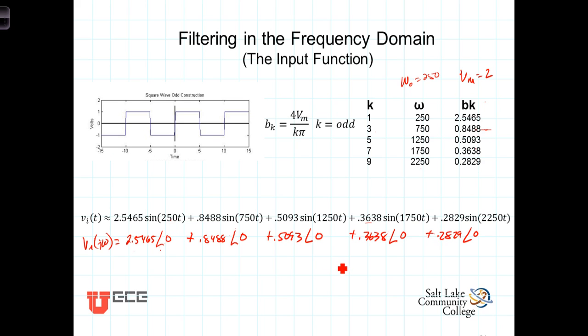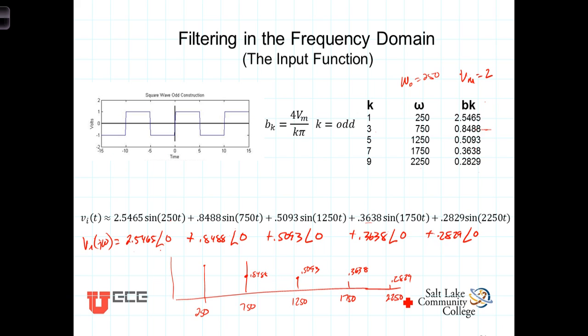This then represents the frequency spectrum of the input, and it consists of one value at omega equals 250 with an amplitude of 2.5465, another one at omega equals 750 with an amplitude, I drew that too big, down here at 0.8488, another of 0.5093 at 1250, and getting even smaller as we go, 0.3638 at 1750 radians per second, and then even smaller at 0.2829 amplitude for the 2250 radian per second component.